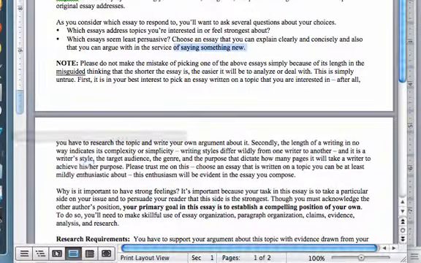All right, so obviously you have to research the topic and write your own argument about it. Okay, that involves research. You have a minimum of 4 sources for this paper, and they should be scholarly sources. I always recommend that you start with the DSC Libraries database. There's a link to that on the front page of our class page in Falcon Online.